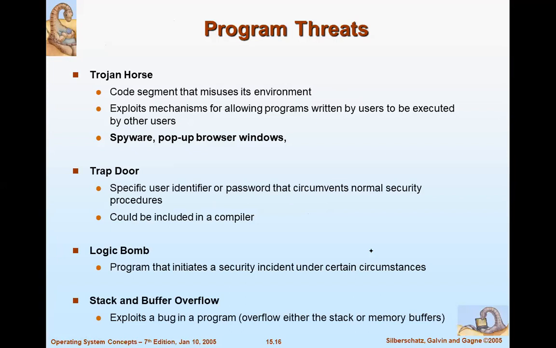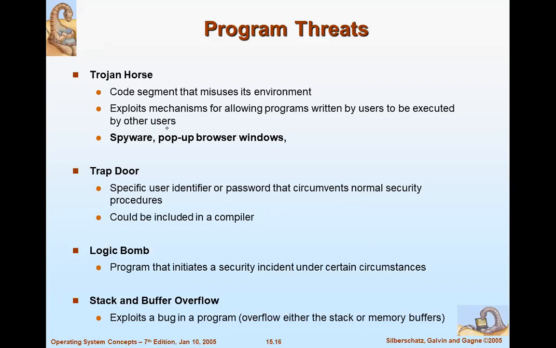There are some other program threats like the Trojan horse. Trojan horse: you can see over here, a code segment that misuses its environment and exploits a mechanism for allowing a program written by one user to be executed by another user. So it means in a Trojan horse, you give access to the attacker's computer so that they can implement or execute programs on the user system.